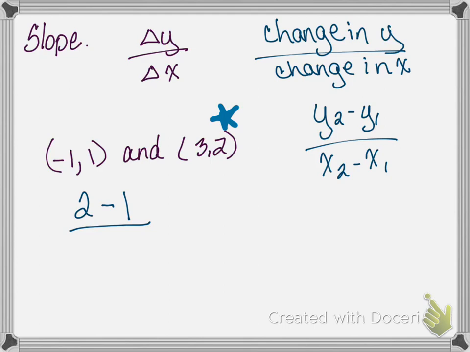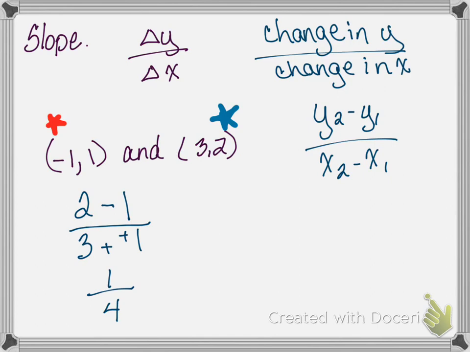So then I have 3 minus negative 1. Minus a negative becomes plus. 2 minus 1 is 1. 3 plus 1 is 4.